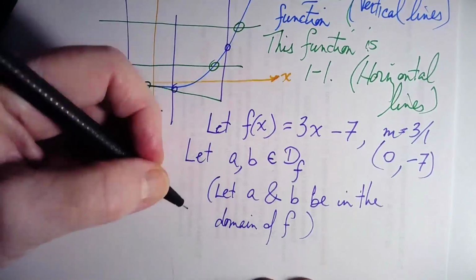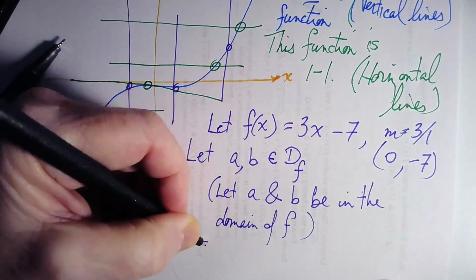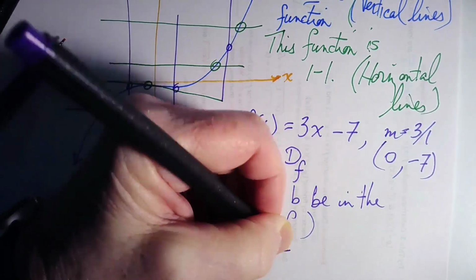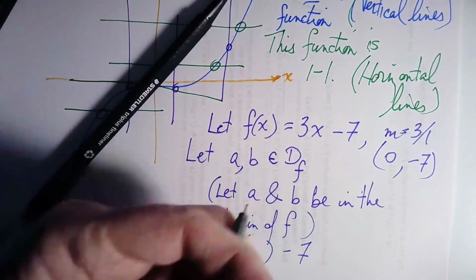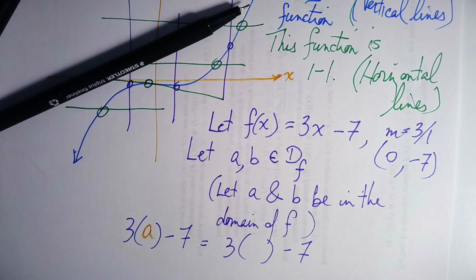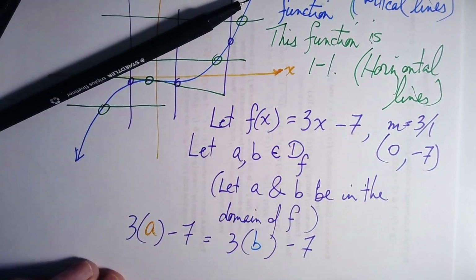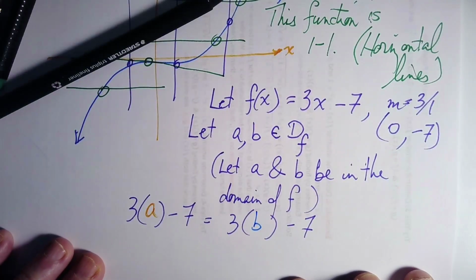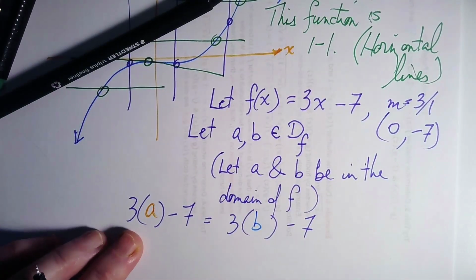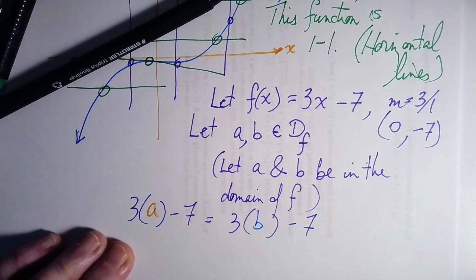We want to see, I've got 3x minus 7, 3x minus 7. If I put A in one of them and B in the other one instead of x, and I want to try to solve for A, if the final answer is A equals B, then the function is 1-to-1.